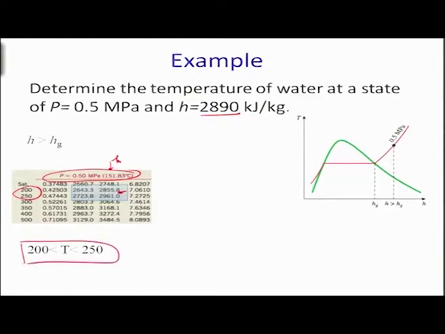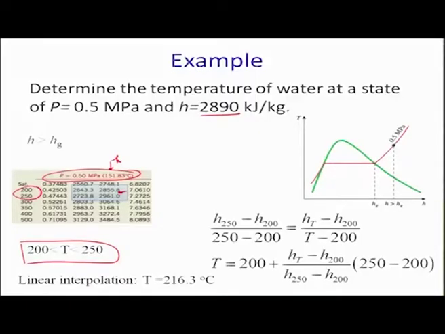Now, in order to find precisely the temperature, we are going to do a linear interpolation. A very simple way to do that is we consider the difference between the two temperatures, 250 and 200, and the slope of the linear line from 250 to 200 will be the same as that in the temperature in between.